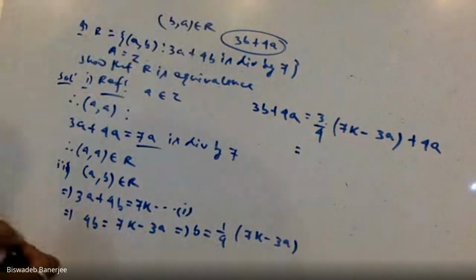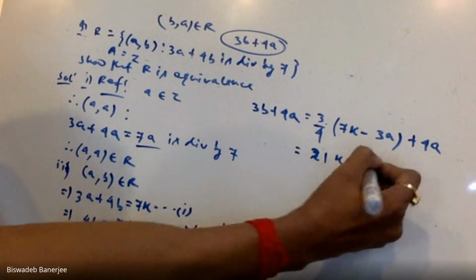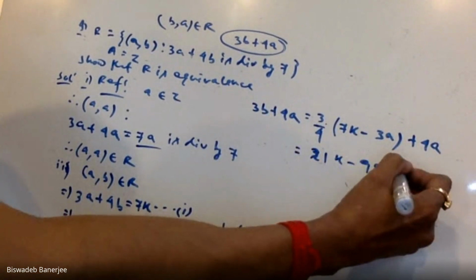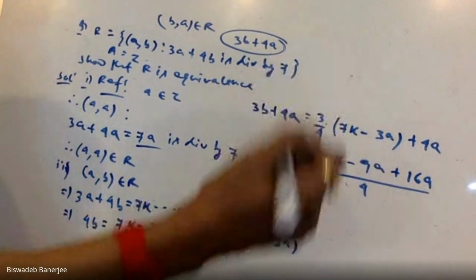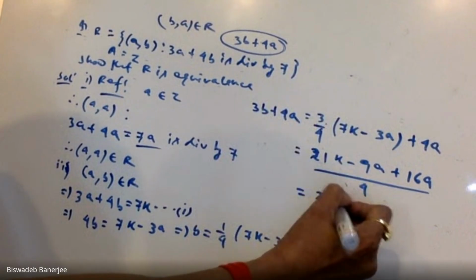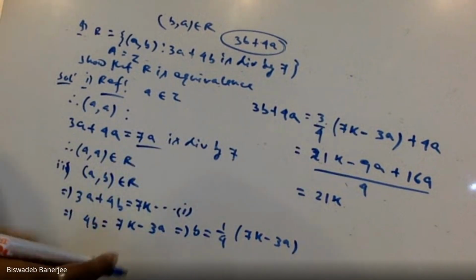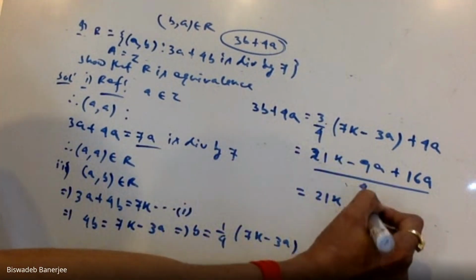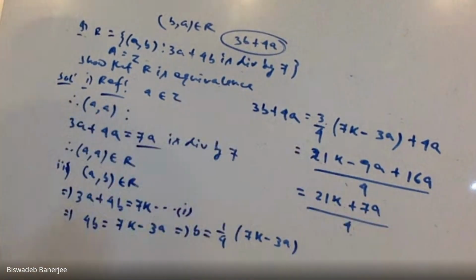This gives you 3b plus 4a. Just take the LCM: 3 sevens are 21k, minus 3 times 3 is 9a, plus 16a, all by 4. Just taking the LCM, this gives you 21k and 16 minus 9, which gives you plus 7a, all by 4. So 21k plus 7a by 4.